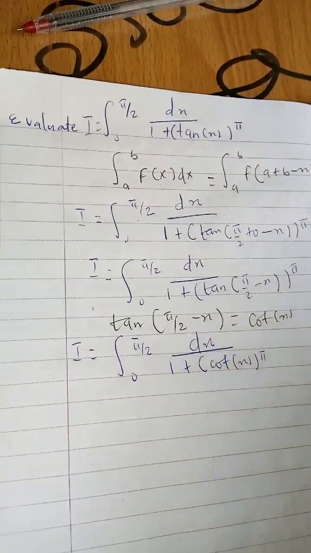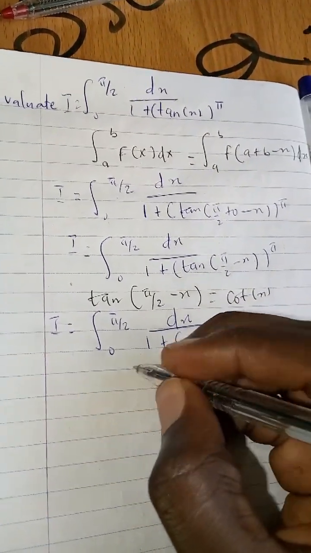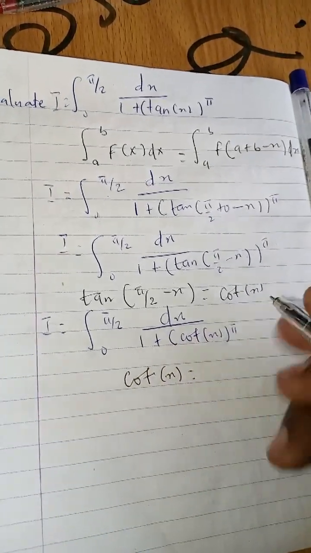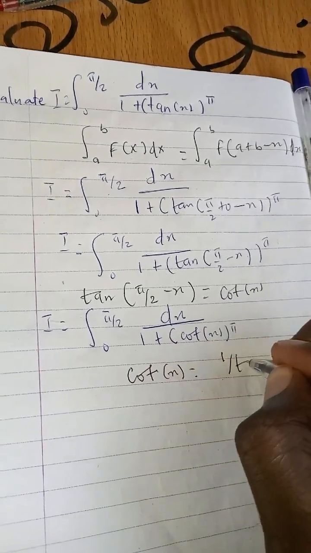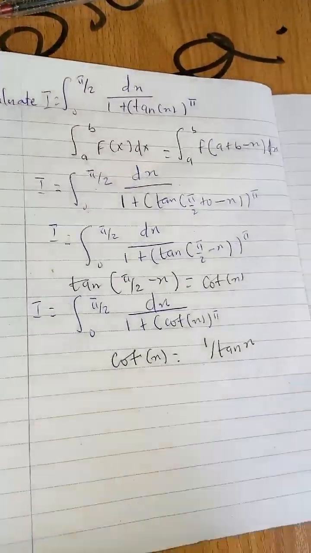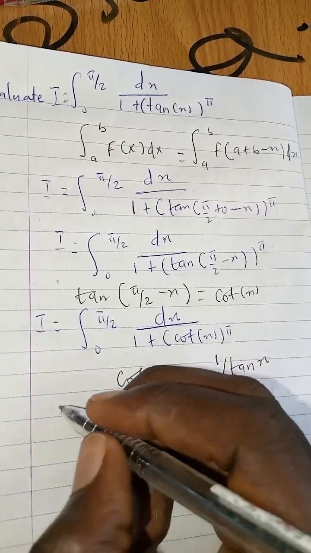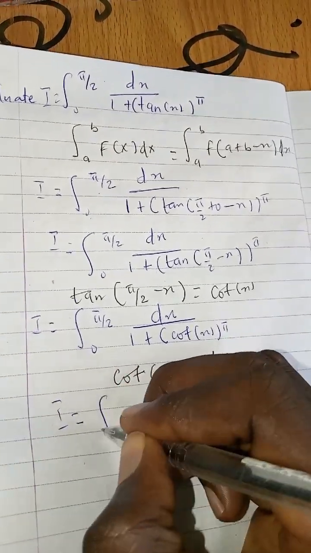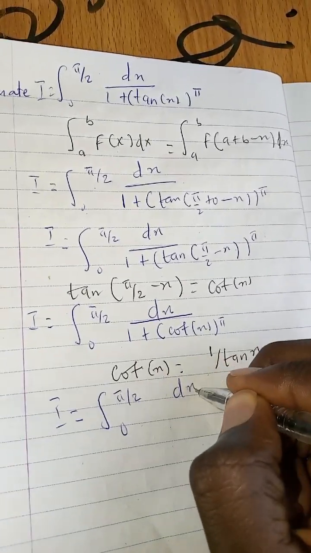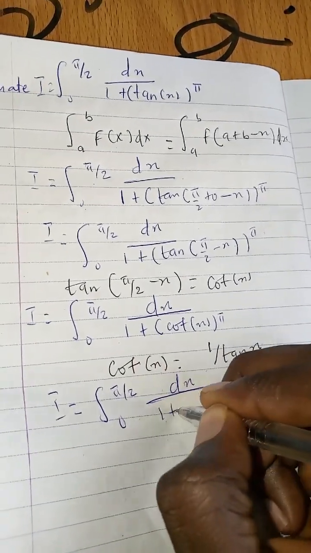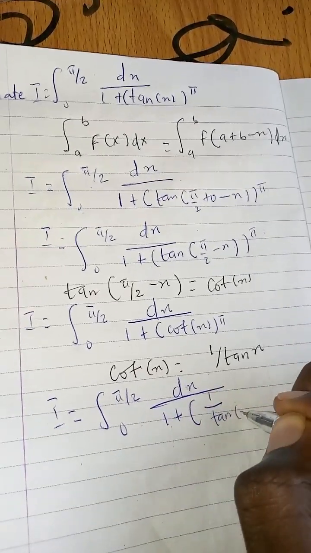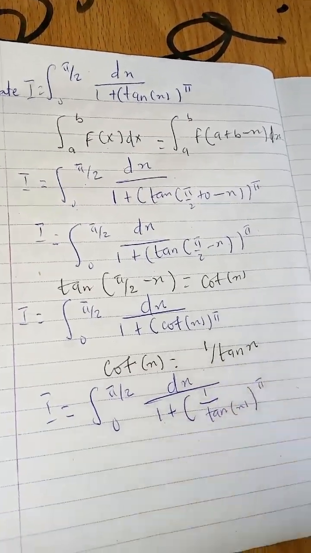And we recall that cot of x gives us 1 over tan x, the inverse of tan x. Now I is equal to the integral from 0 to pi over 2 of dx over 1 plus 1 over tan x, raised to the power of pi.